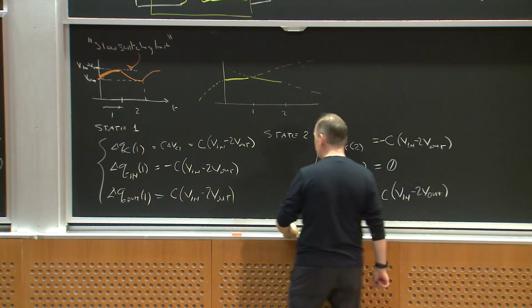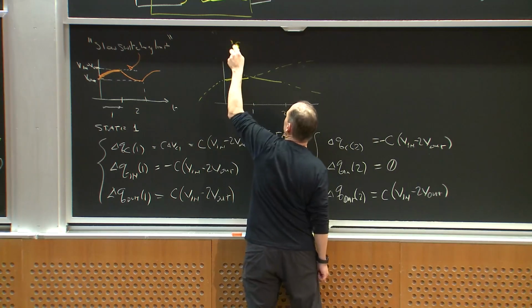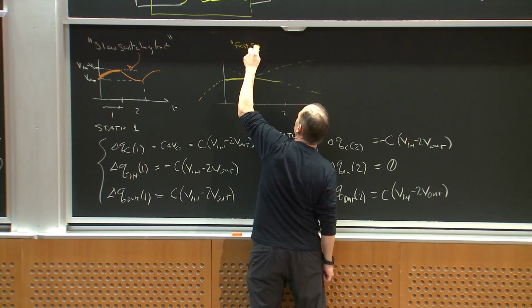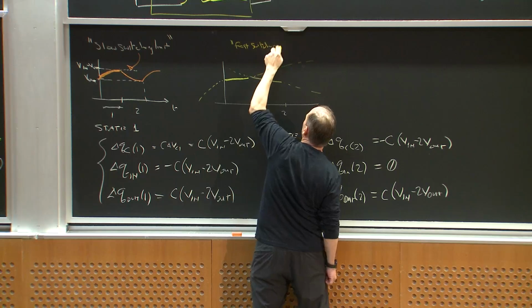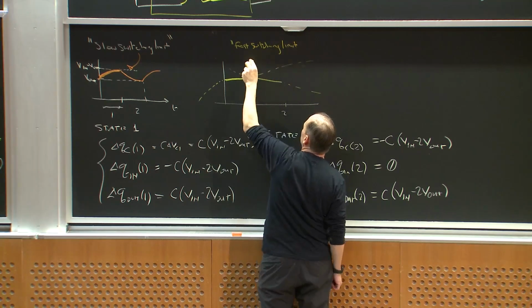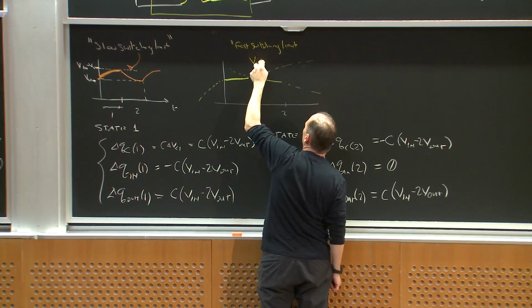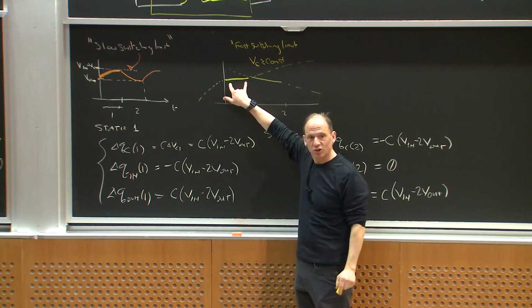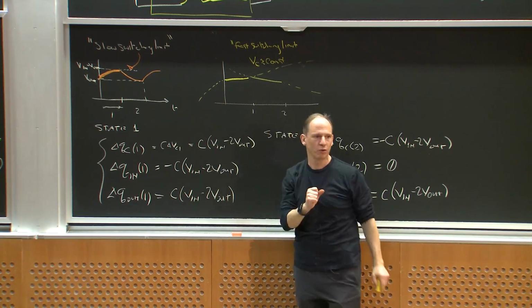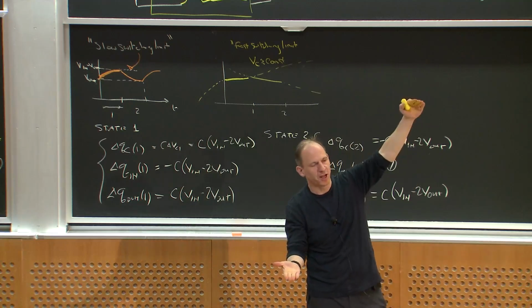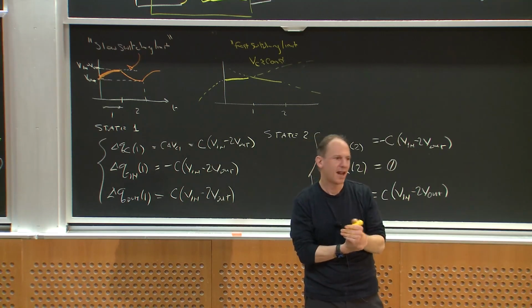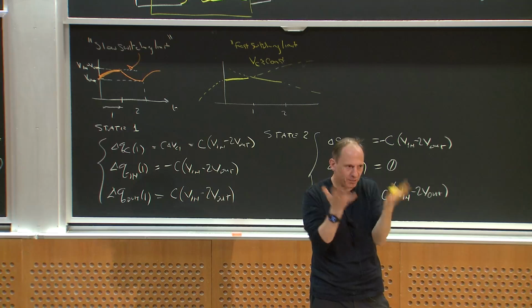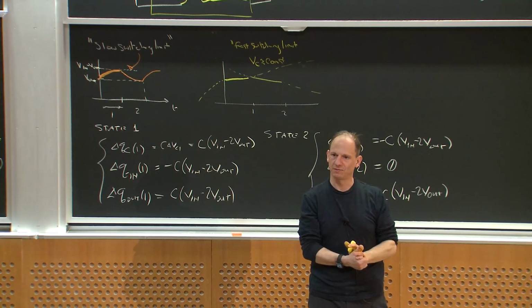So in the fast switching limit, VC is almost constant, right? I don't have enough time to charge up or down substantially. The delta voltage I get is nowhere near the full swing, okay? And I can start to think about the capacitor as being a constant voltage.